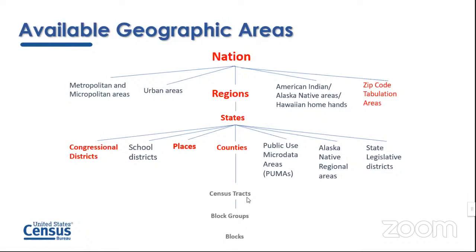There are some individuals that like to use zip code tabulation area data, but the challenge with that is some zip codes stretch over other neighborhoods, and the zip codes may change in the decade. We do not update those boundaries.